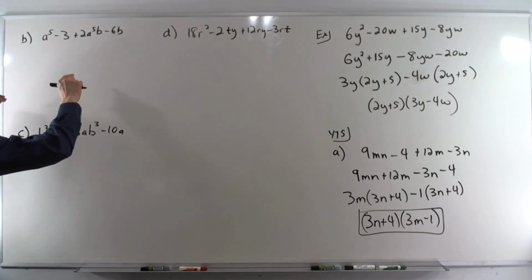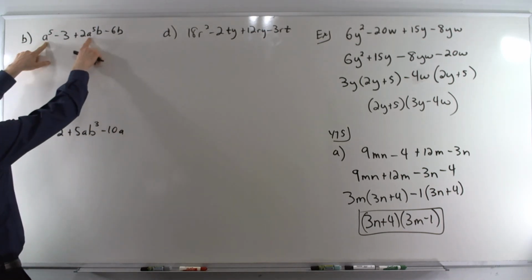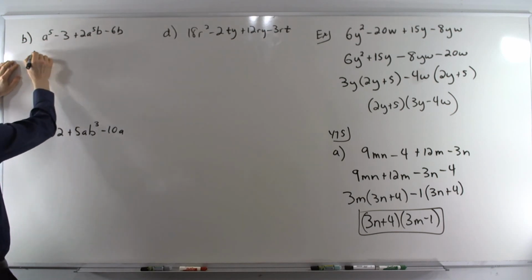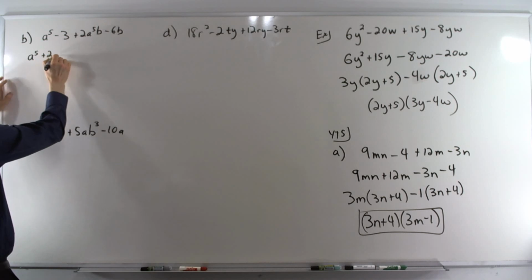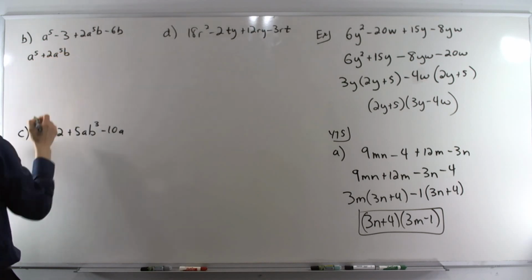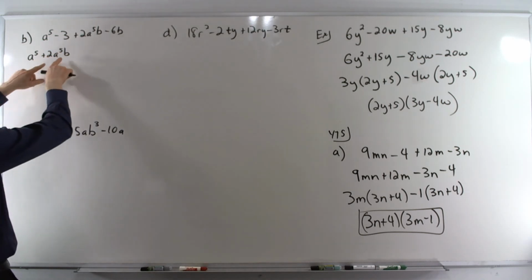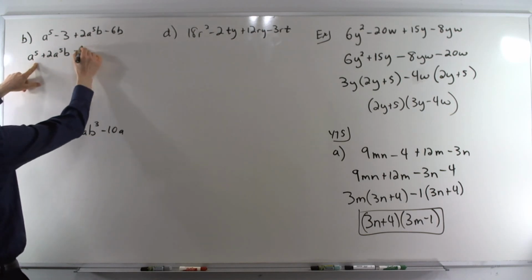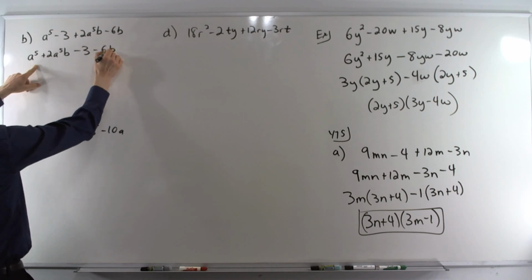Next up, definitely want to get the a to the 5th power terms next to each other. Now for the next two, the b is in the second term, so I want the b in the second term over here as well. So I'm going to do negative 3 minus 6b.